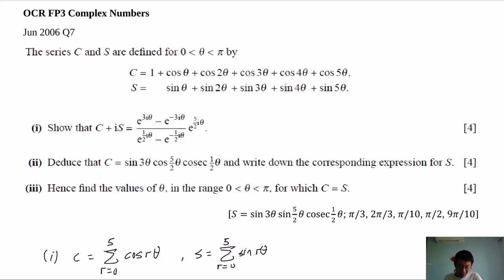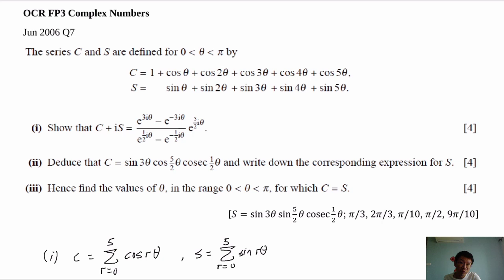From there, what we do is try to factorize out some terms from the numerator and the denominator respectively. That is the easiest way to get to the result. From the numerator, we factorize out e power 3i theta. So this is why we have 3i theta and minus e power negative 3i theta, since we factorized out the e power 3i theta.